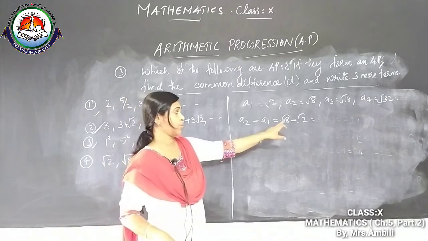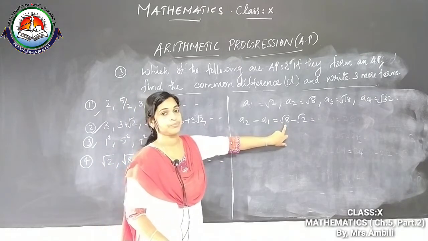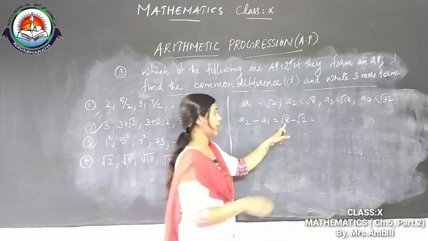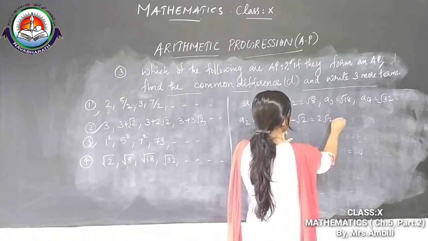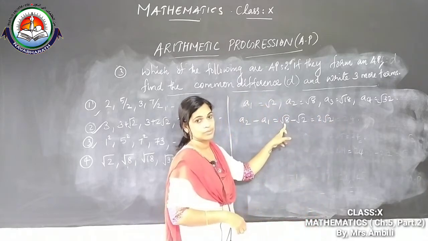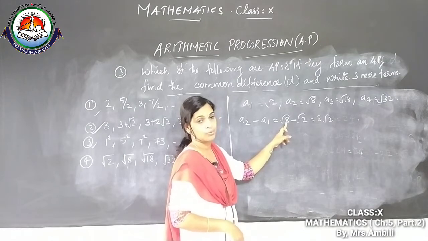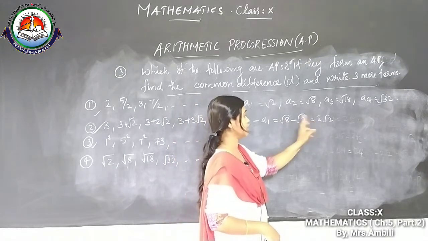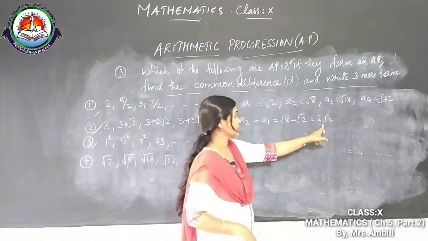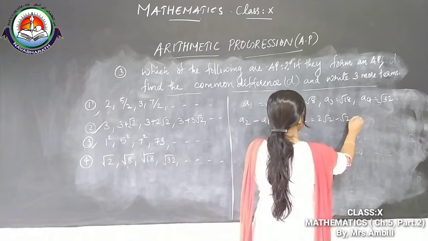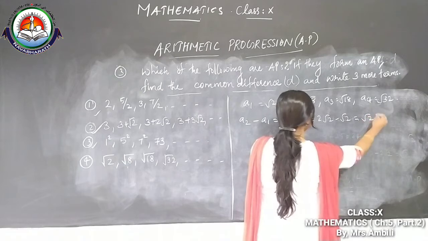How can we change root 8? Root 8 you can write 2 root 2. 4 into 2. 8 means 4 into 2, root 4 is 2. So, we can change root 8 as 2 root 2. So, 2 root 2 minus root 2 equal to root 2.